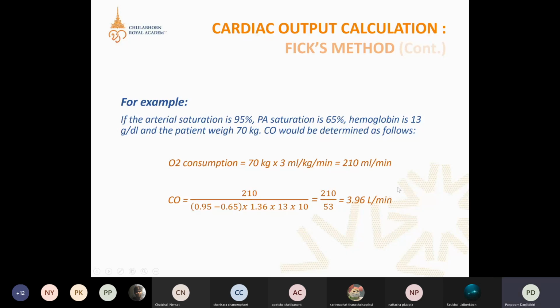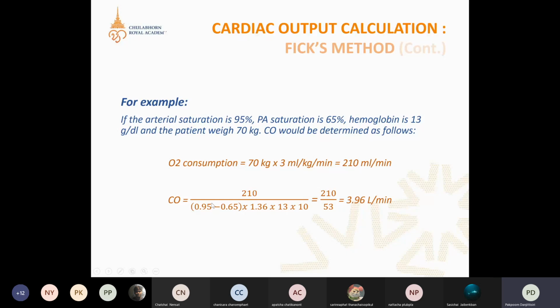Okay, again, keep in mind, if you want to calculate the cardiac output, you need the percent oxygen saturation from the artery and the percent oxygen saturation from the pulmonary artery, because you have to find the arterial mixed venous oxygen saturation, just like in this equation.